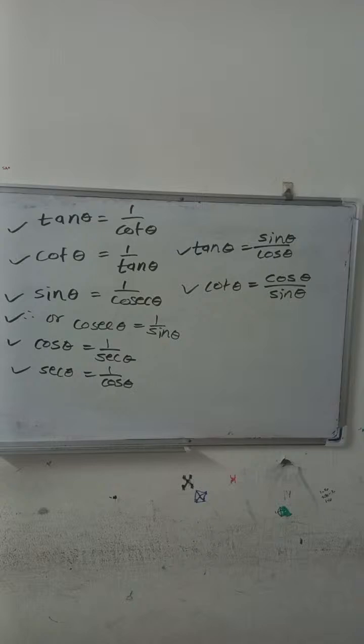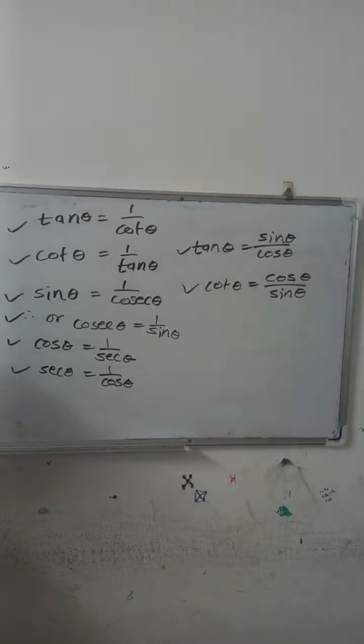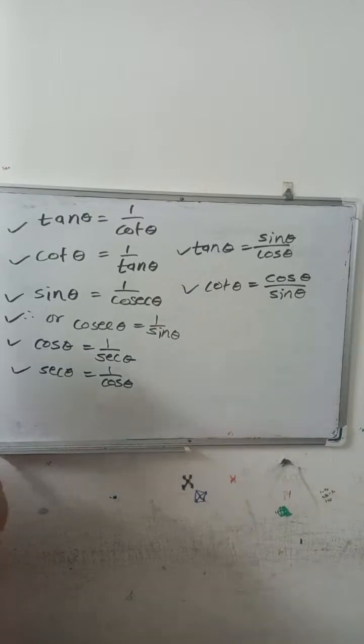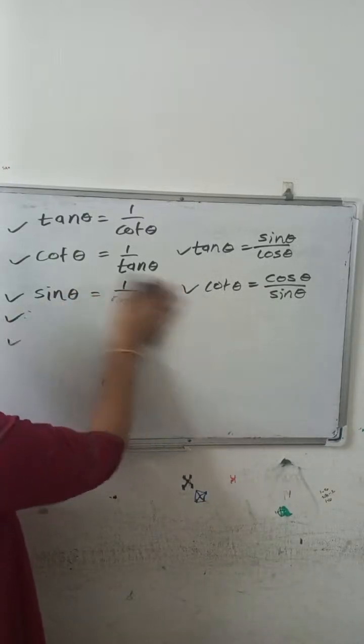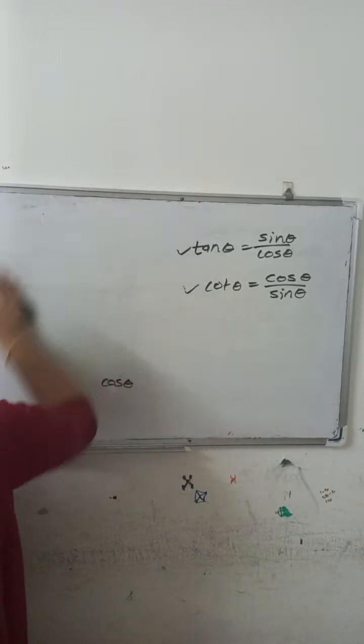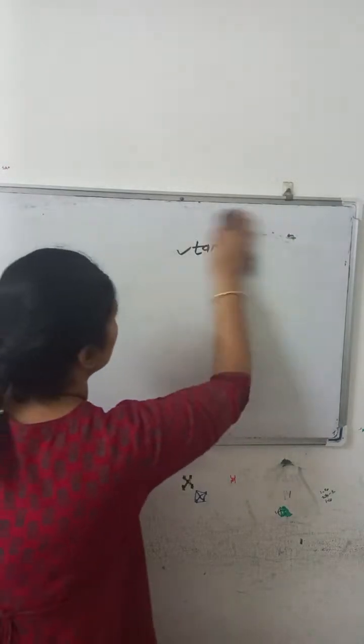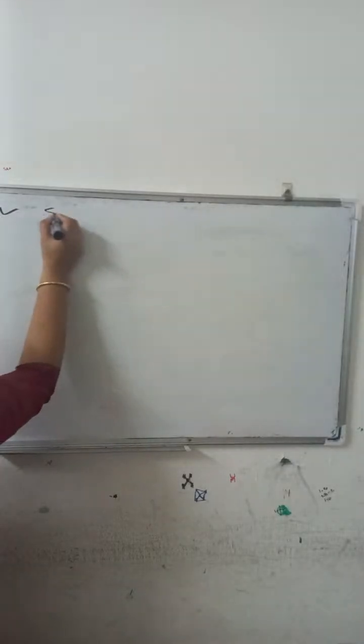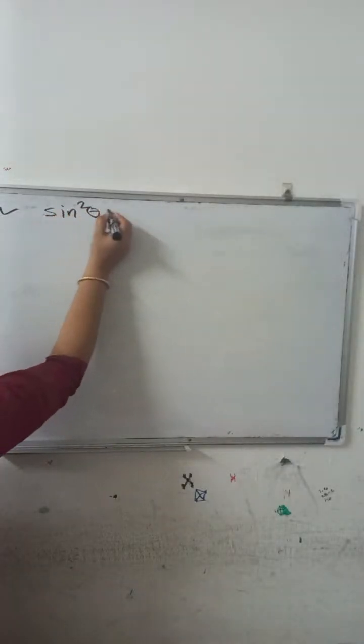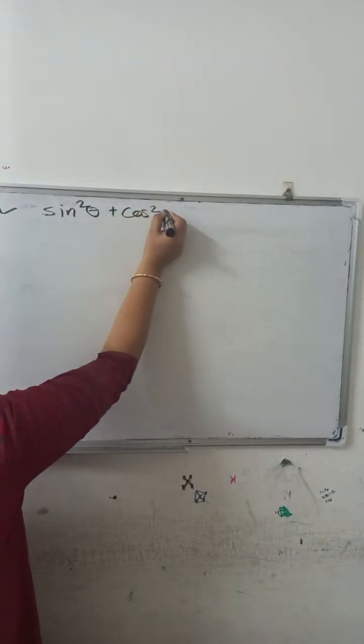Everyone took the screenshot? Okay, we will go for the identities. Write down the identities. I will not explain the proof for this. Proofs they never ask, but we have identities and questions based on the identities. The very first identity is sin square theta plus cos square theta is equal to 1.